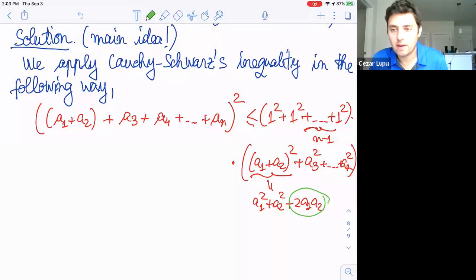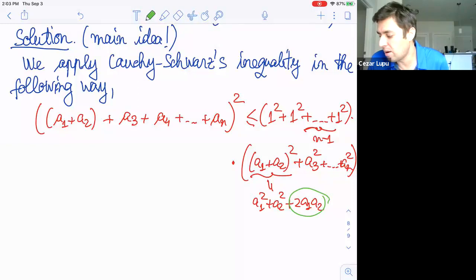Like I said, it doesn't really matter. If you prove it for the first two terms, it's the same for the others, so without loss of generality, you can prove it. I can put any AIAJ, but I have to be careful, that's why I didn't want to bother with this. I just put A1 and A2 and that's it.